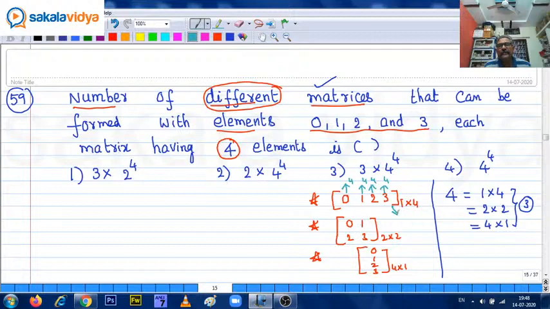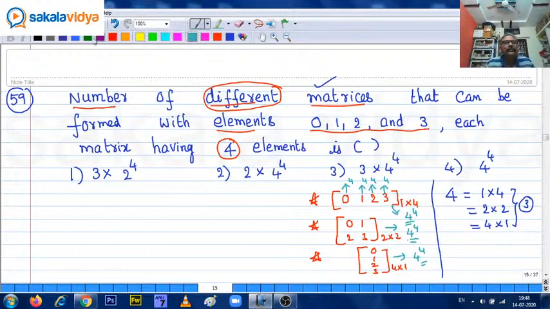That means 1 by 4 matrices can be 4 to the power of 4. Even 2 by 2 matrices also 4 to the power of 4. Even 4 by 1 also 4 to the power of 4. In total we need to add. This is case 1, case 2, case 3. So 4 to the power of 4 plus 4 to the power of 4 plus 4 to the power of 4 equals 3 times 4 to the power of 4.